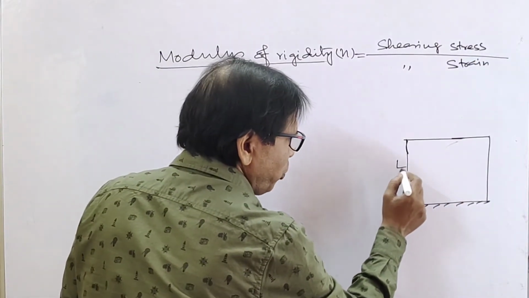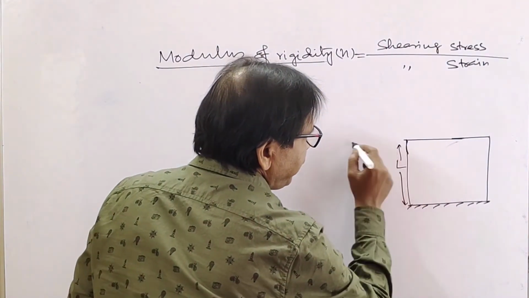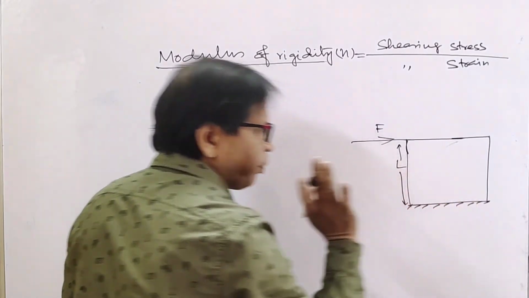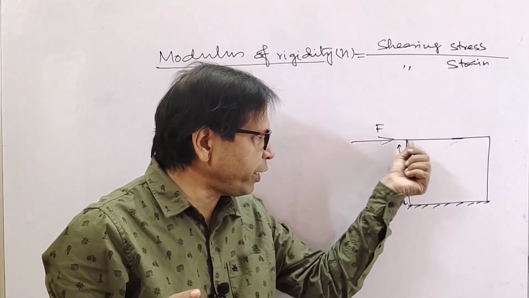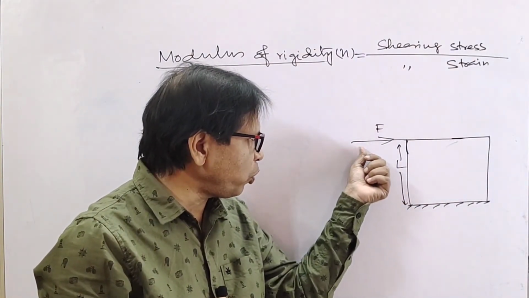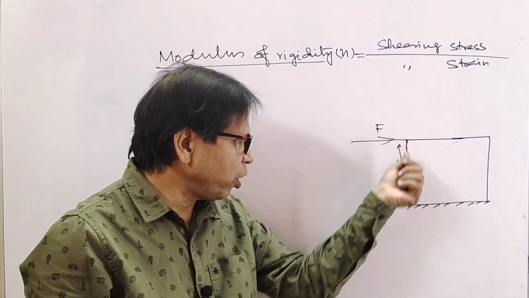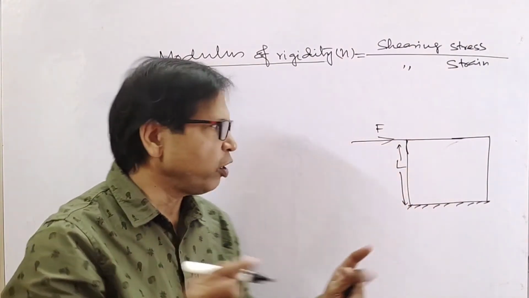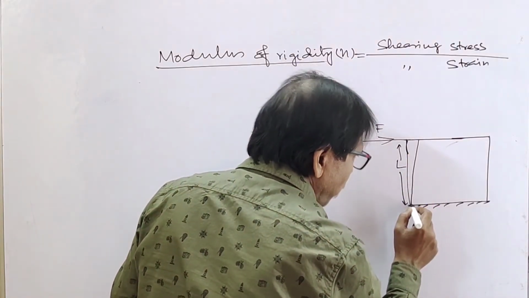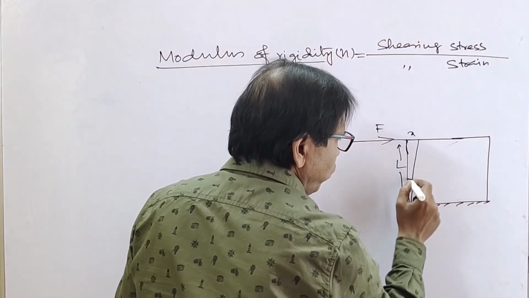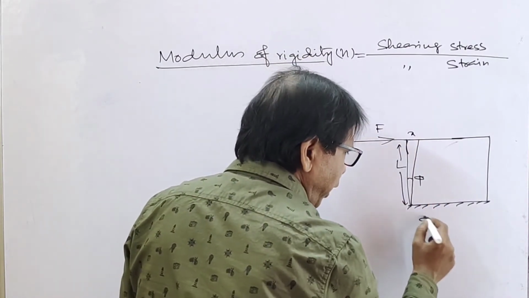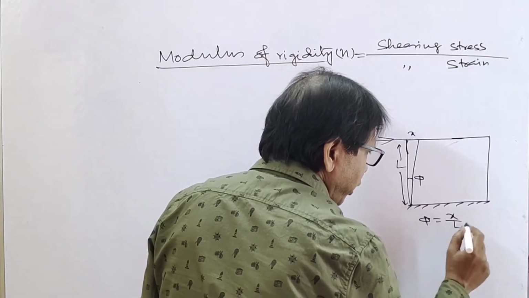Here the height of this cuboid is L. A tangential force F acts at the upper surface while the lower surface is fixed. So the upper surface is displaced by a very small amount, suppose this is x. So look at this angle phi. From here we can write phi equals x by L.